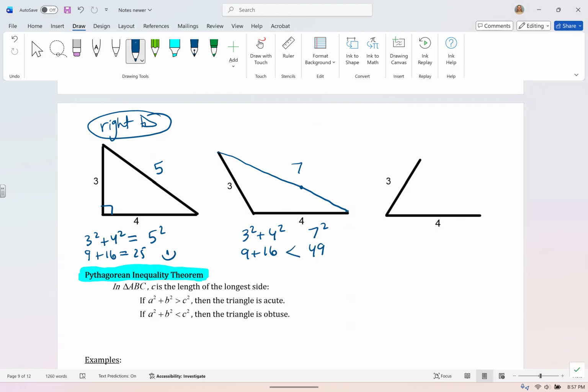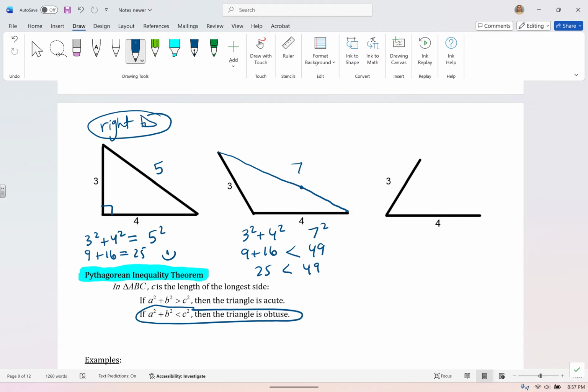There is no hypotenuse on a non-right triangle, but if the two short sides squared are definitely shorter, this right here is going to give us 25. And 25 is obviously less than 49. If it's less than the longer side squared, then you're going to have an obtuse angle. So it's an obtuse triangle.